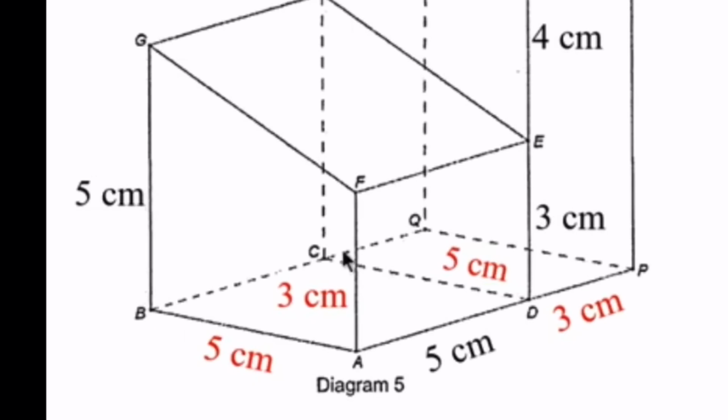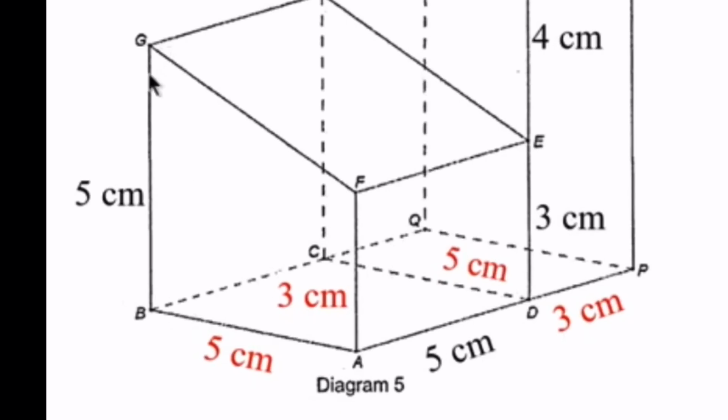Half a plus b times the height, and you have another height which is the distance between the two cross-section areas. So always be careful when you find the volume of the prism: 1 over 2, 5 plus 3, the two parallel lines, times with the 5, half a plus b times h.